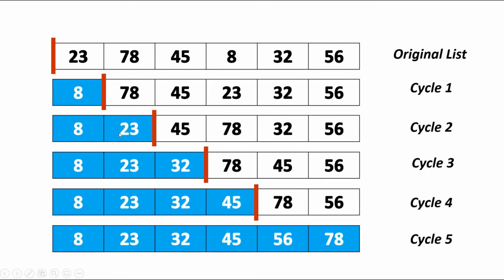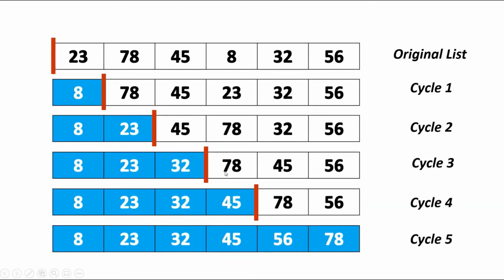Now we have 8, 23, and this part is the unsorted part, so we check this part. Here 32 is the smallest element, and 45 is the first element. Again we swap those two: 32 comes here and 45 goes there, and the imaginary wall was moved one place. Just see, this portion is now sorted: 8, 23, 32.